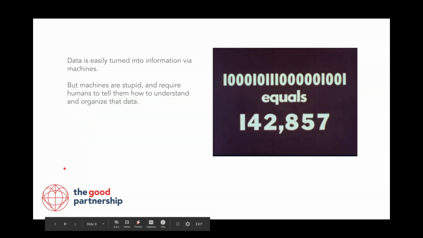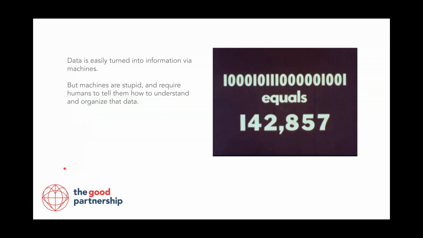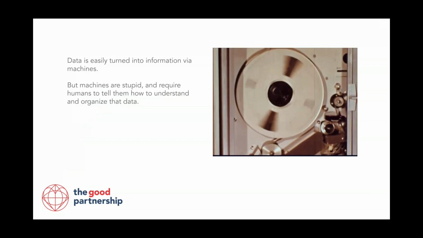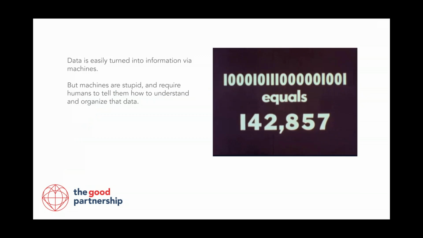So the way that data becomes information tends to be through machines. There used to be a time where we didn't have machines to process large amounts of data and to turn it into information. But now, we definitely live in a machine-driven age.